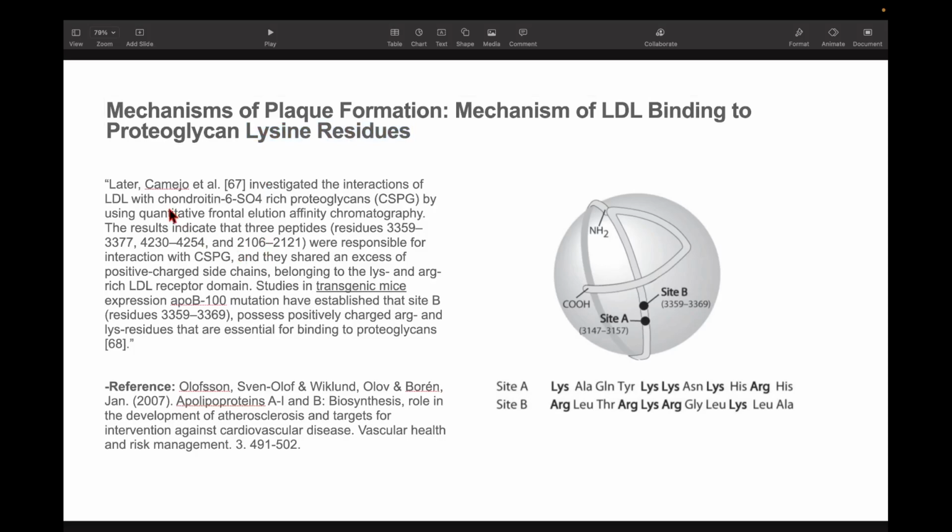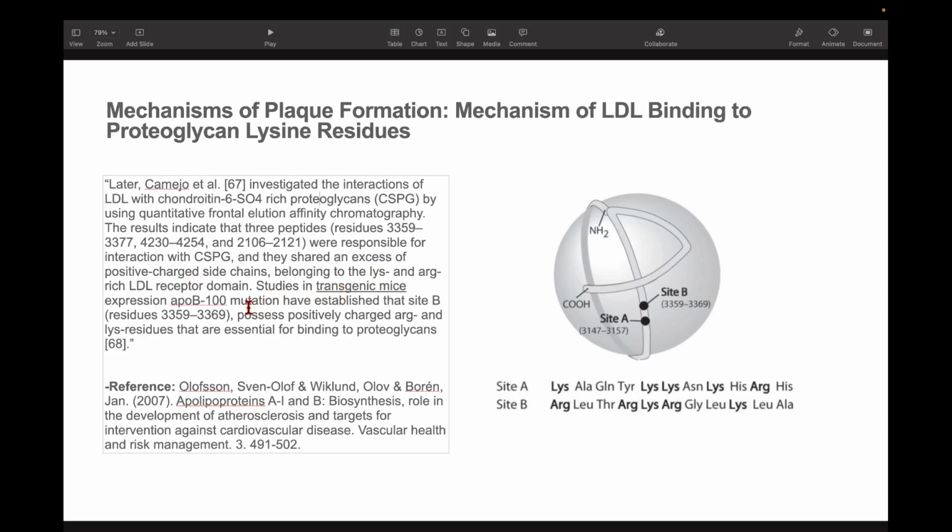So later, Camejo et al. investigated the interactions of LDL with chondroitin 6 sulfate-rich proteoglycans. So again, proteoglycans are the proteins within the extracellular matrix, by using quantitative frontal elution affinity chromatography. These results indicate that 3 peptides were responsible for interaction with these proteoglycans, that's the CSPG, and they share an excess of positive charged side chains belonging to the lysine and arginine-rich LDL receptor domain.